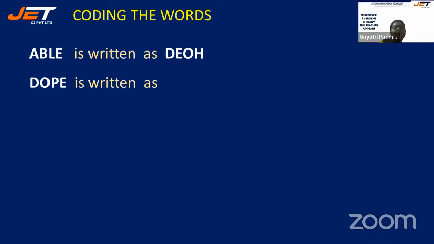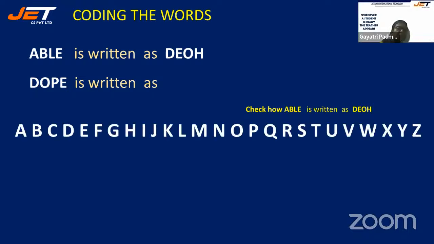ABLE is written as DEOH. DOPE is written as what? Okay. So check how ABLE is written as DEOH. Fine, students.